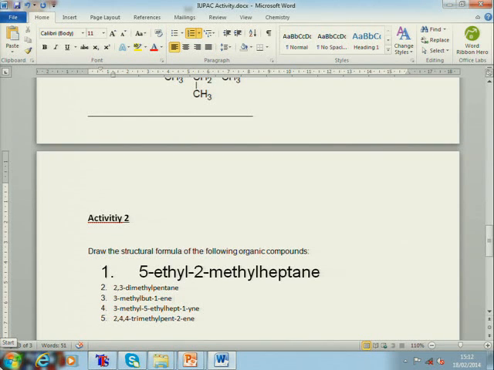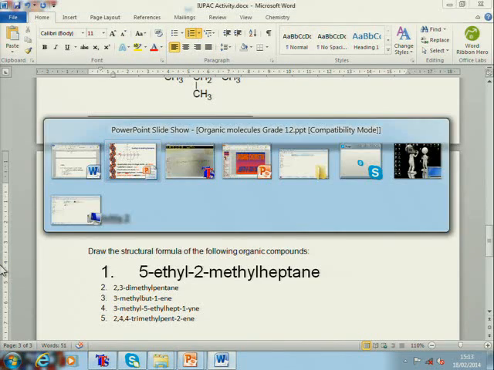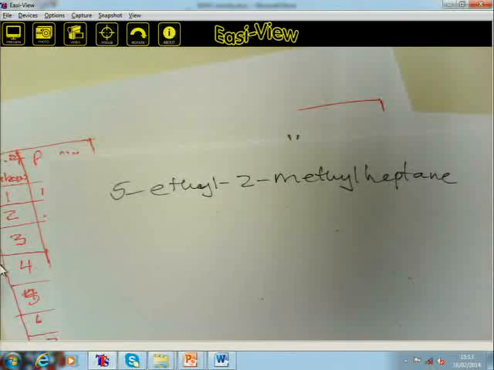The name is 5-ethyl 2-methyl heptane. All right. So let's see how you should go about drawing this one.